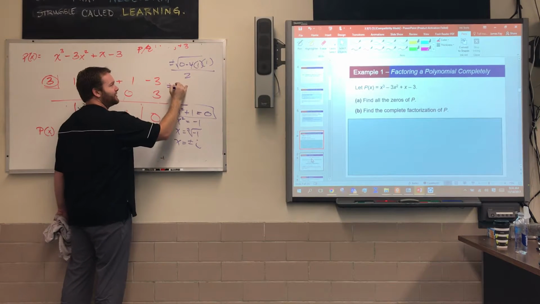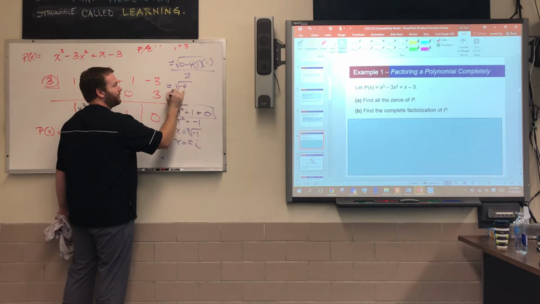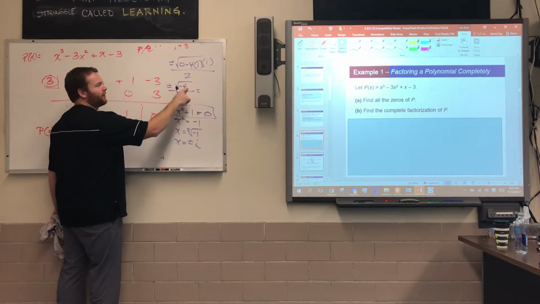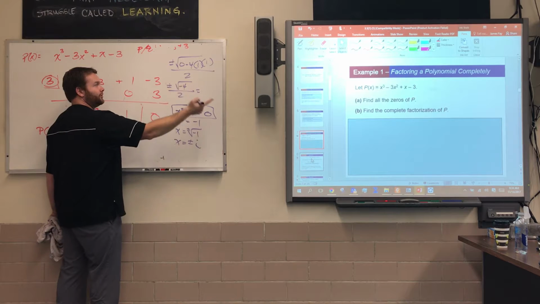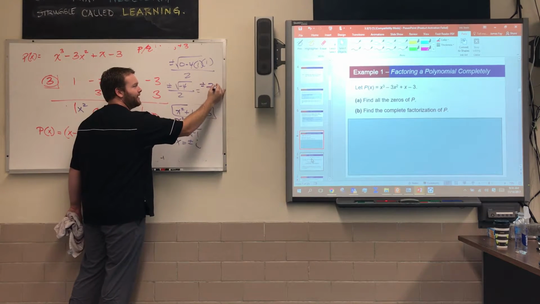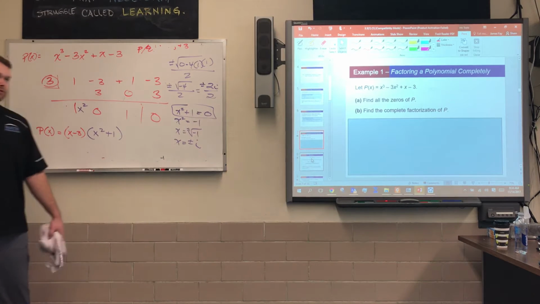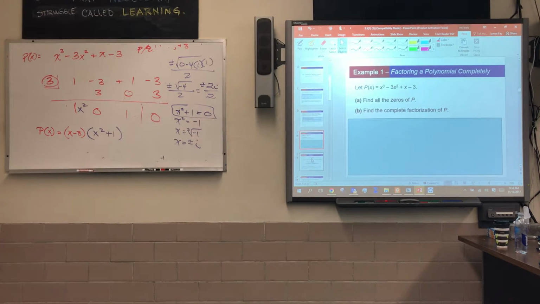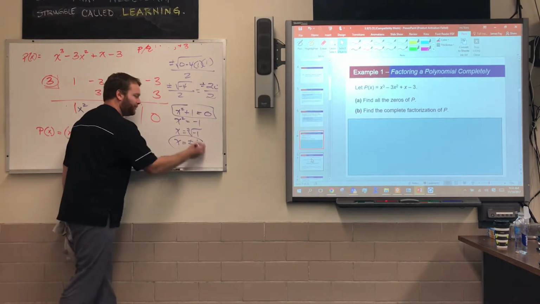Well, that gives me plus or minus the square root of negative 4 over 2. What's the square root of 4? 2 times the square root of negative 1? i. So that numerator gives me plus or minus 2i. Bottom gives me 2. Is that still reduced to plus or minus i? Okay. So regardless of the route you go, you're going to get x to be plus or minus i.